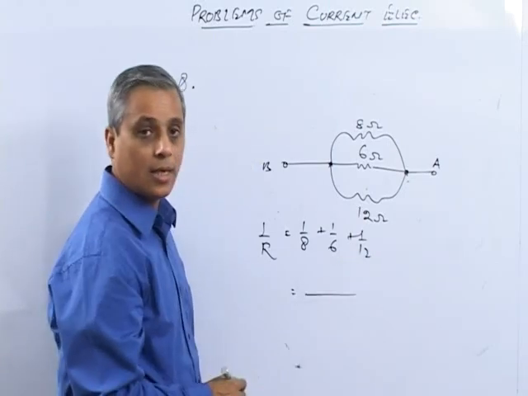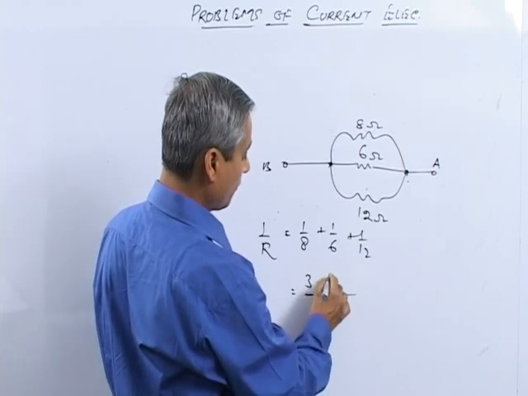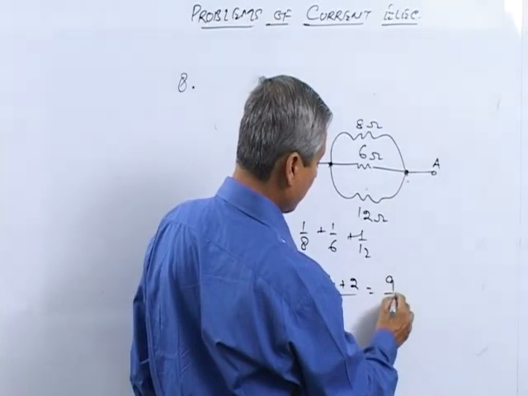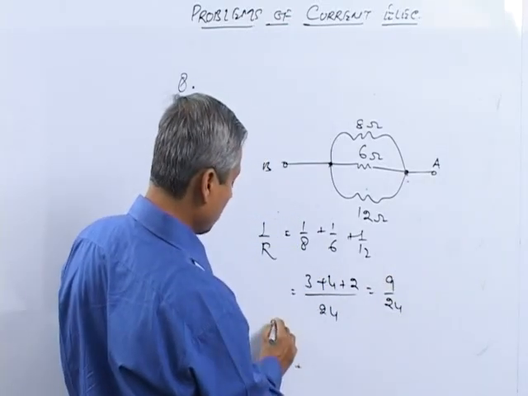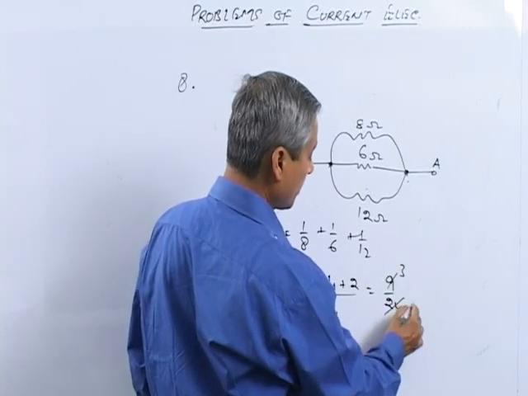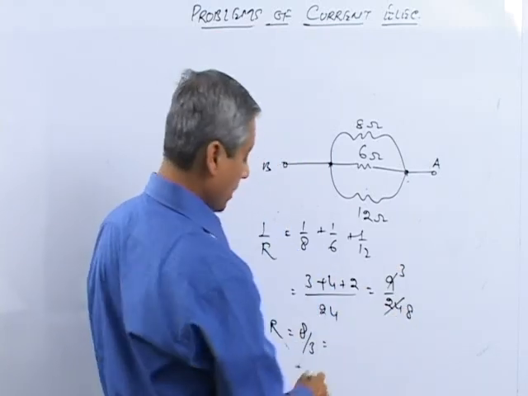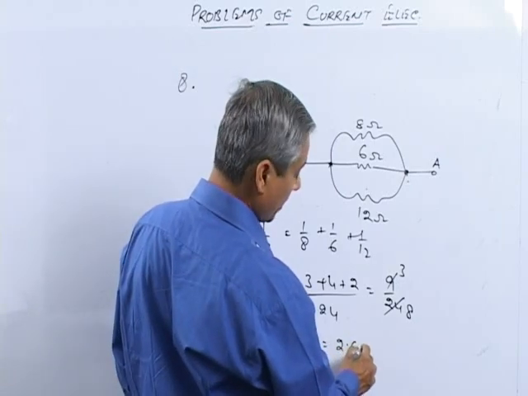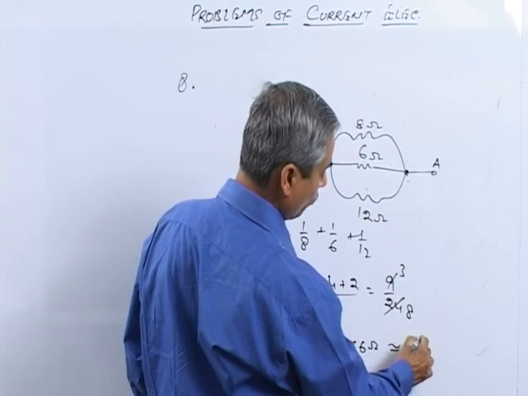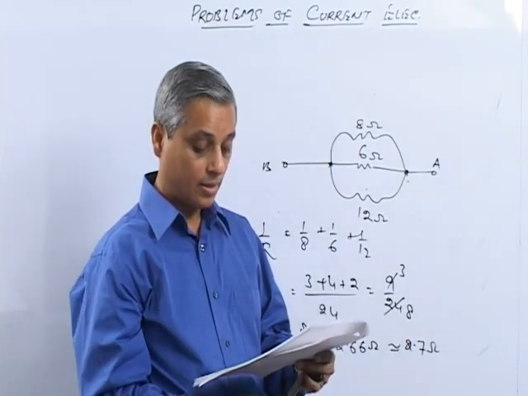So here the LCM is 24, giving 3, 4 and 2. This is 9 by 24. So R will become 24 by 9 or 8 by 3. Now 8 by 3 means it is 2.66 ohms, or actually 2.7 ohms. So the answer is B.